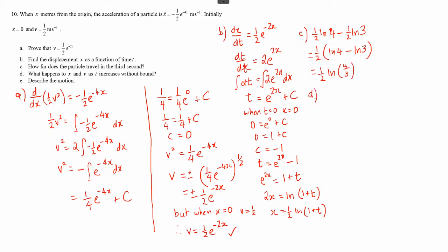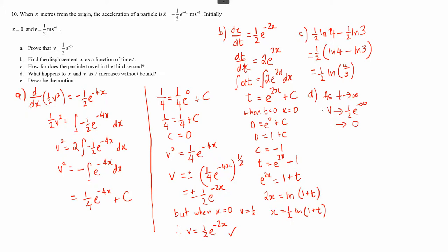Part D asks us to have a look at what happens to x and v as t increases without bound. As t approaches infinity, the velocity is going to approach a half e to the minus 2 times infinity, so a half e to the minus infinity. Now, e to the minus infinity is a very small number close to 0, which means that the velocity is going to approach 0.